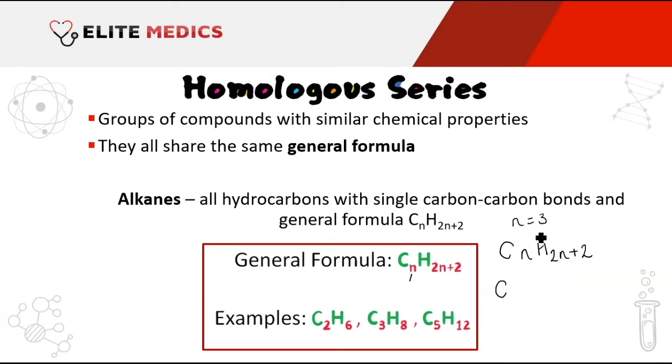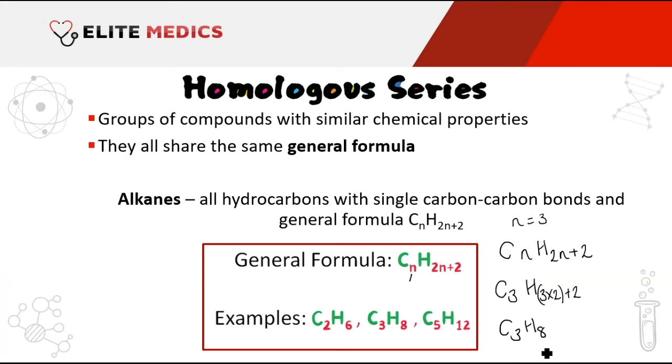If n is 3, it will be C3, and it will be 2n, so 3 times 2 plus 2. 3 times 2 is 6, plus 2 is 8. And that would be the formula of your alkane.